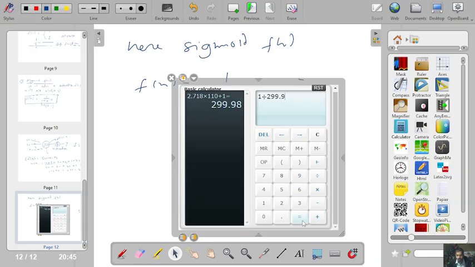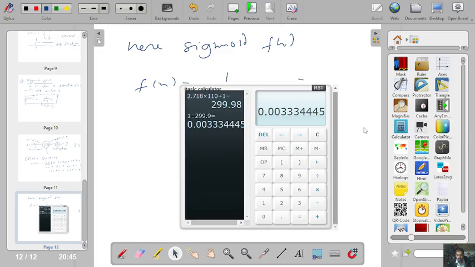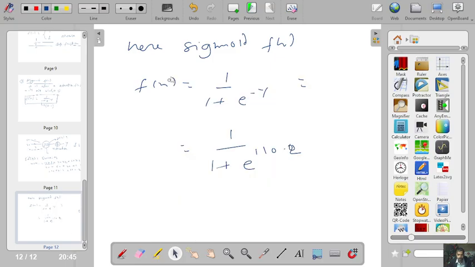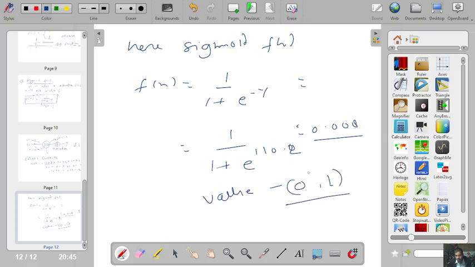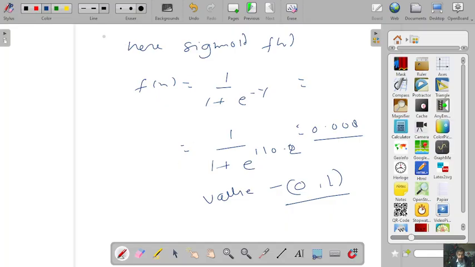Okay, so here 0.003. Okay, so 0 and here 0.008. So here the value is 0 to 1. Okay, so it's all about the artificial neuron.